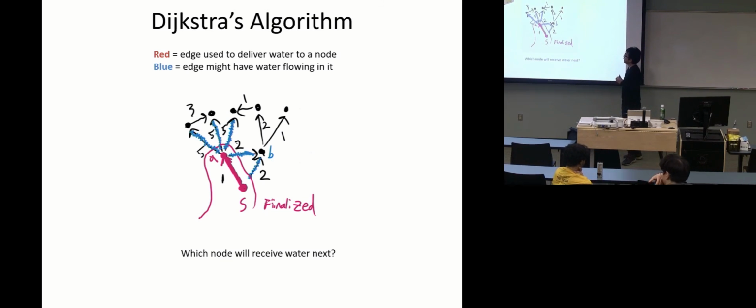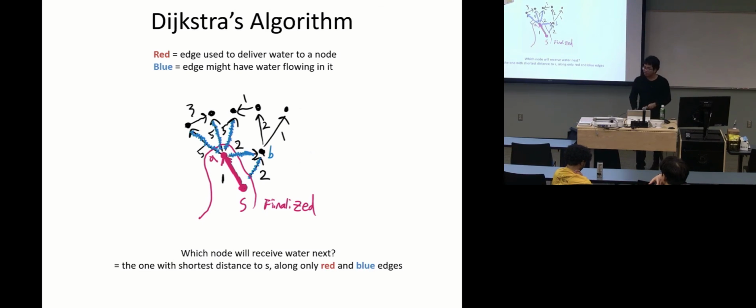If you want to implement this continuous process in a discrete way, you basically want to ask yourself, which node will receive the water next? Can you tell me what is the next node in this case? Yeah, it's marked with B. And why is that?